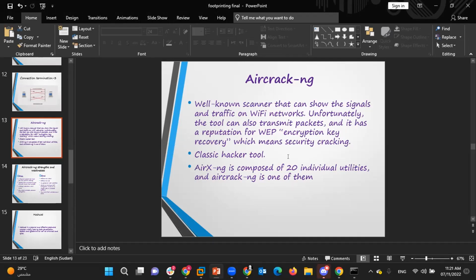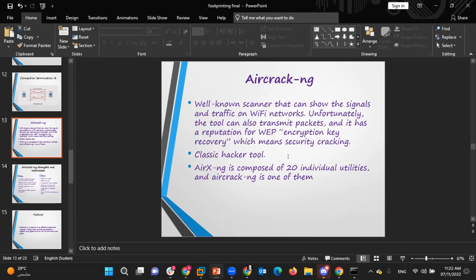It is about networks, not just for cracking passwords. Unfortunately, the tool also transmits packets and it has a reputation for WEP encryption key recovery.